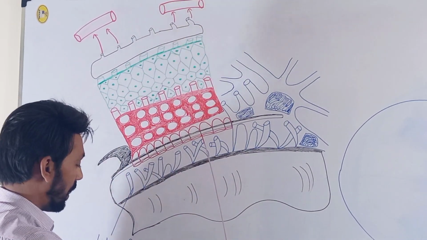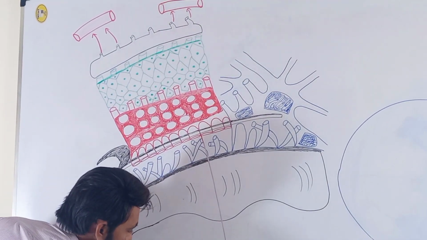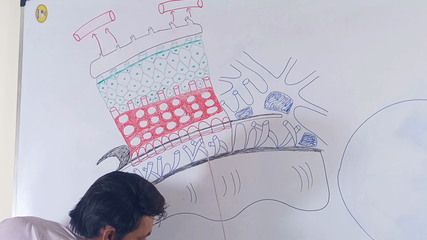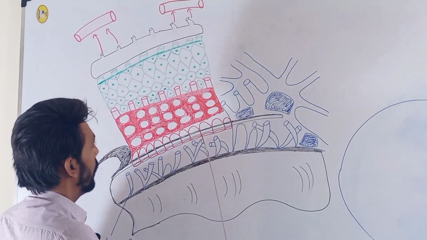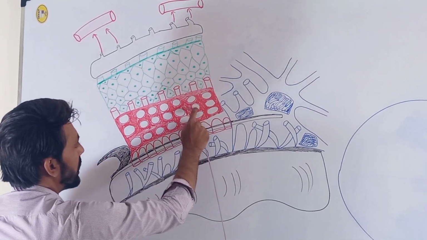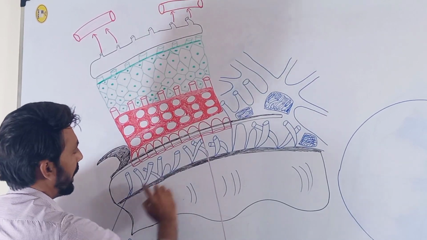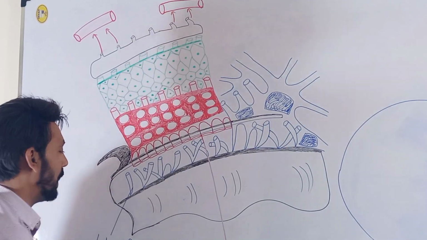And the last one, I can write it here, is the juxtacanalicular meshwork. So the red structures are called the corneoscleral meshwork, and the structures in the blue marker are called the uveal meshwork.